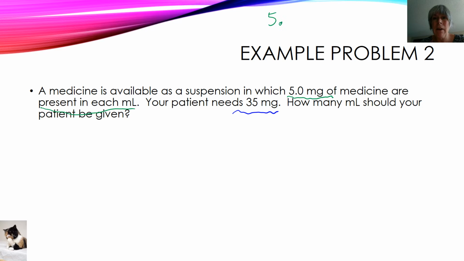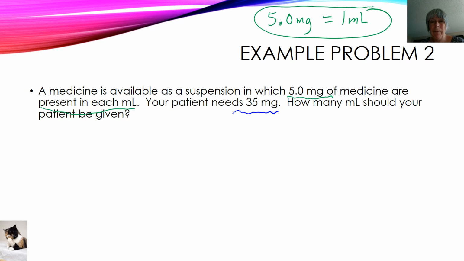That's telling me there are 5 milligrams of the medicine in each 1 milliliter of the suspension. So since I have that as an equivalency, what I want you to do now is take a moment and write 2 unit factors using this equivalency.